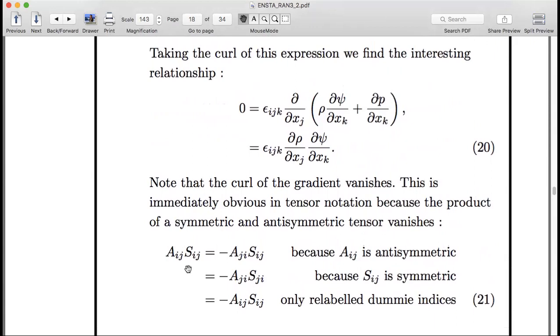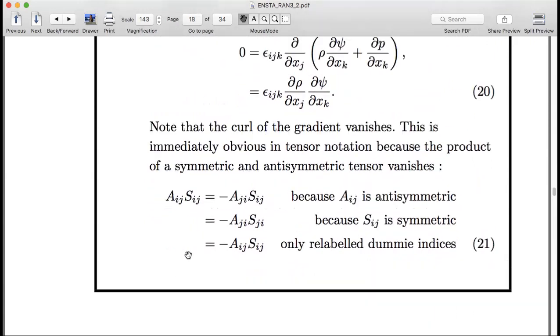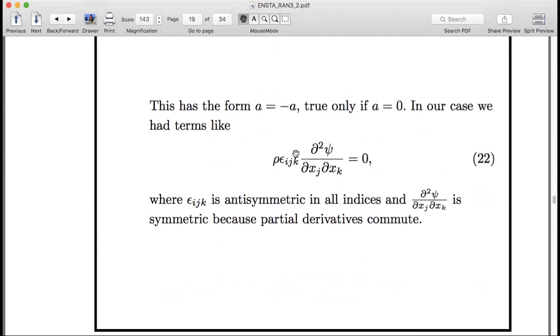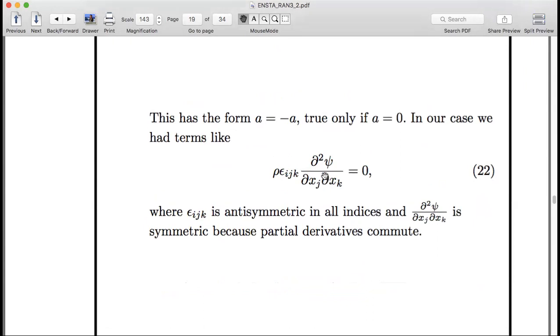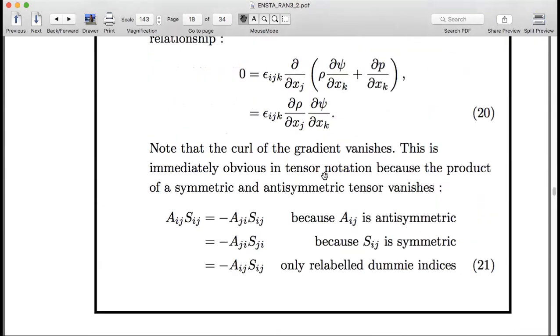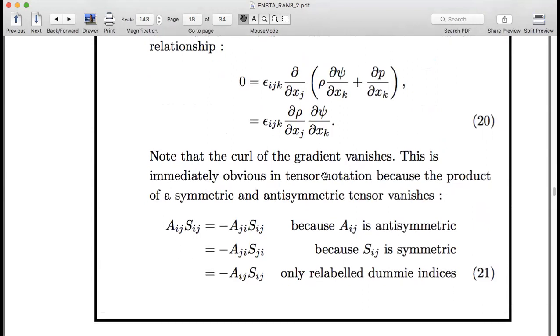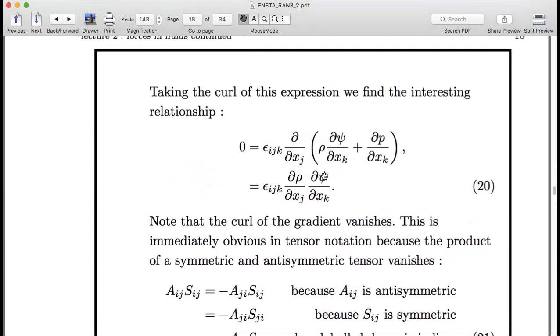But since tensor calculus is a little bit new to you, I'm thinking maybe I shouldn't explain that in terms of tensors. I should just explain it directly for this particular case. I'm a little bit afraid that you're not following me, but just trust me, think about that later.